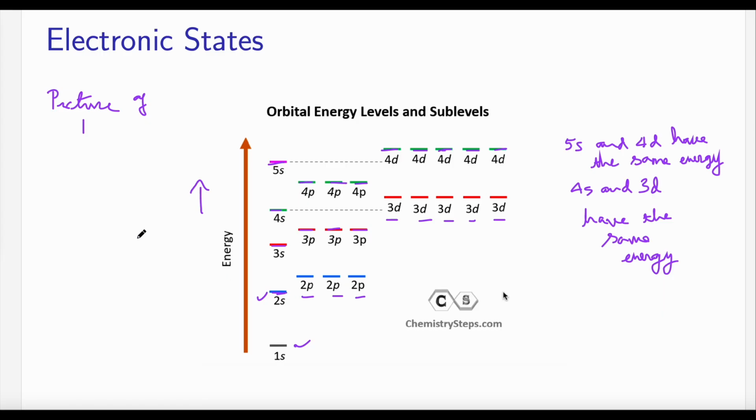That's why this is the picture of one electron states, we'll come to that later. So this big picture of one electron states holds for multi-electron atoms. We'll see what it means.